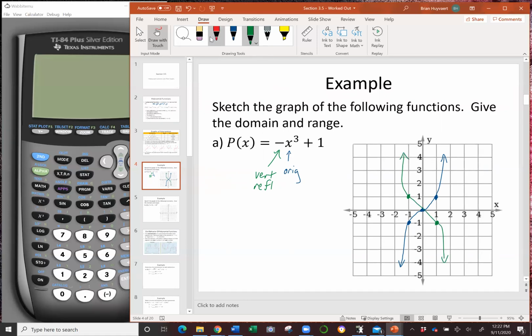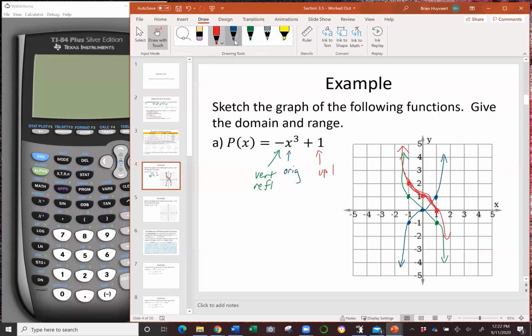And then the +1, that's just going to say, let's move up 1. So take the points that we have, move those up 1, but otherwise the shape will pretty much be the same. So the red is going to be our final graph. It's probably a little bit smoother there, a little bit more rounded by 1 there.